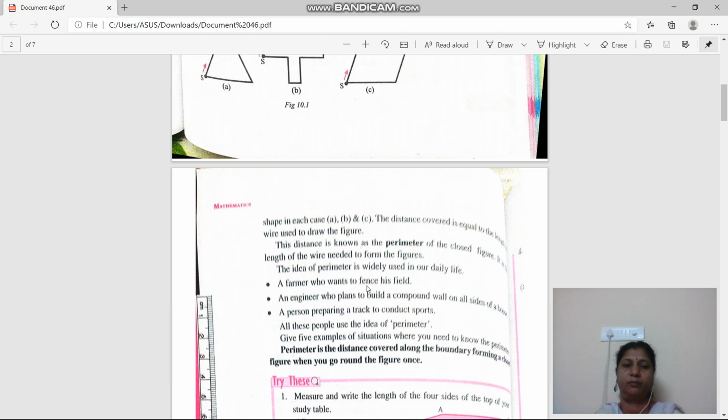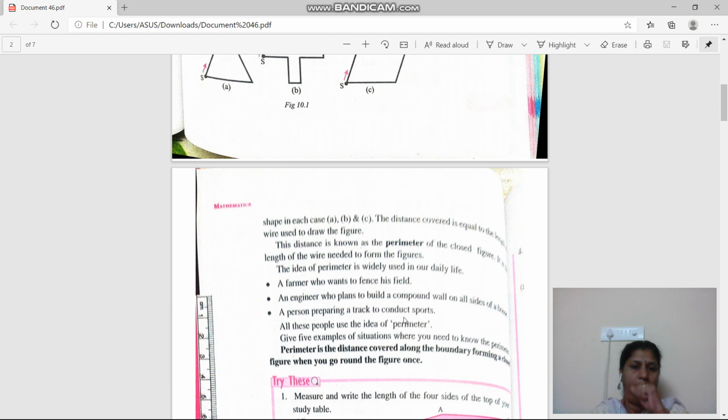Okay, an engineer who plans to build a compound wall on all sides of a house. Then a person preparing a track to conduct a sport, that's what we are considering.